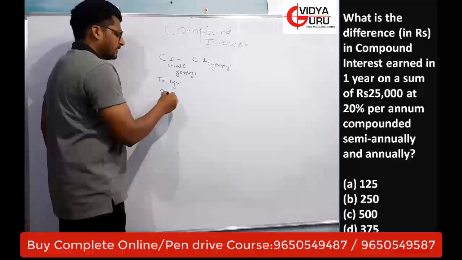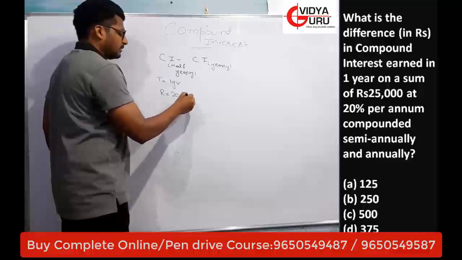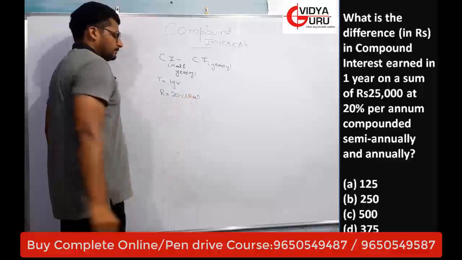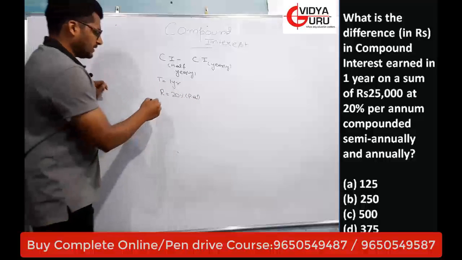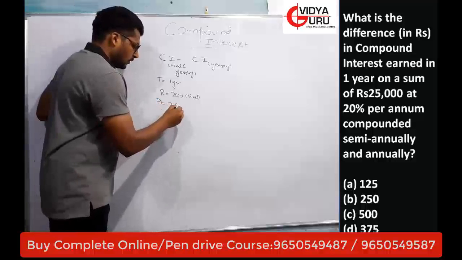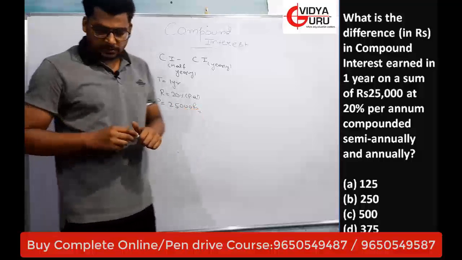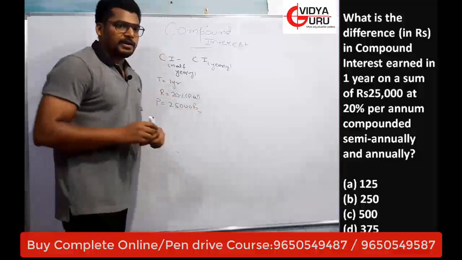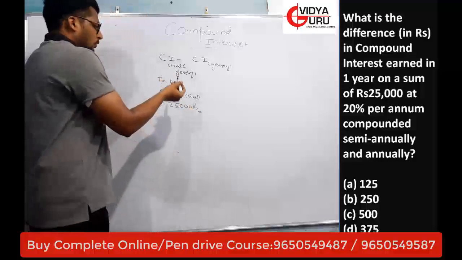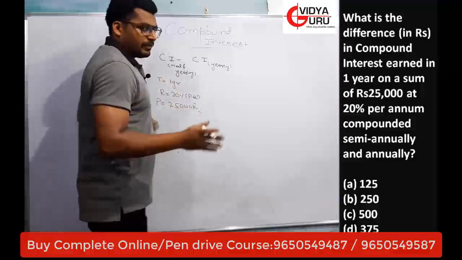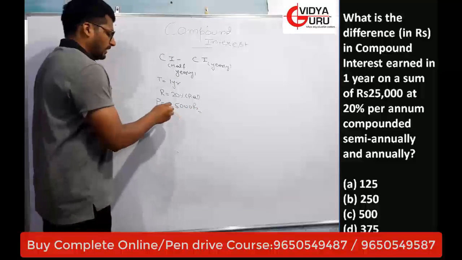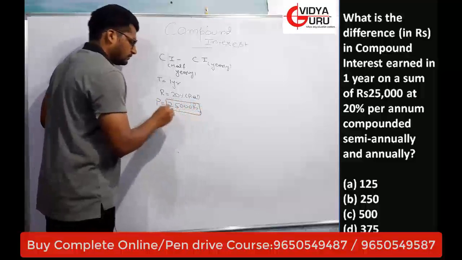The rate is 20% per annum. And the principal is 25,000 rupees. So I will find the difference in percentage, then I will calculate that percentage on this principal.